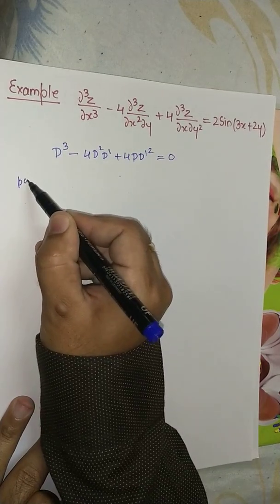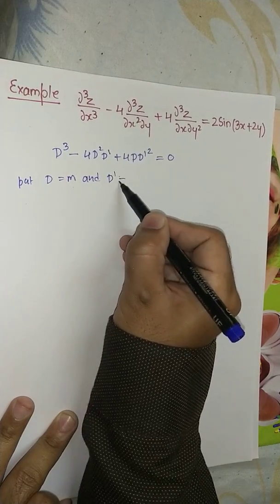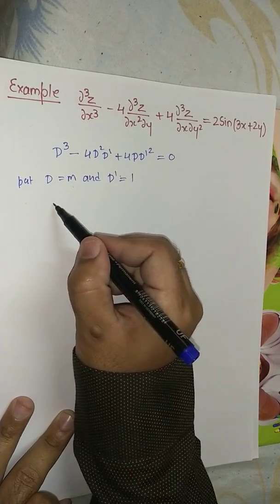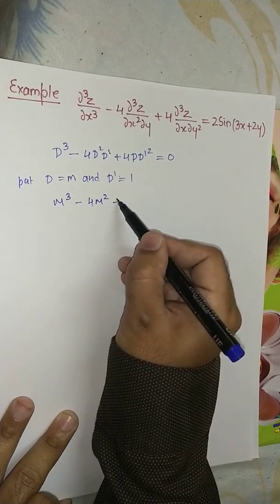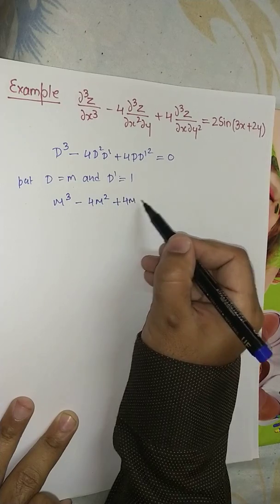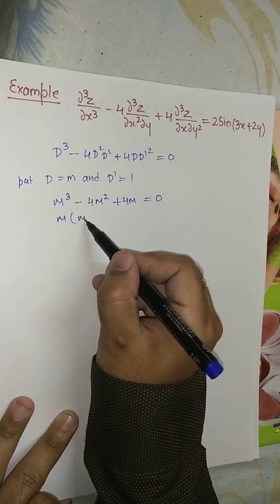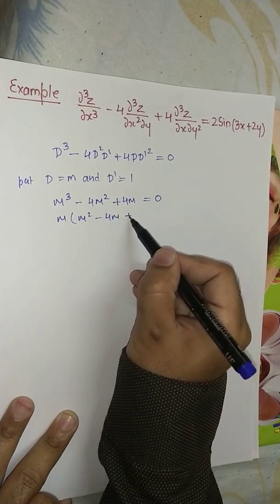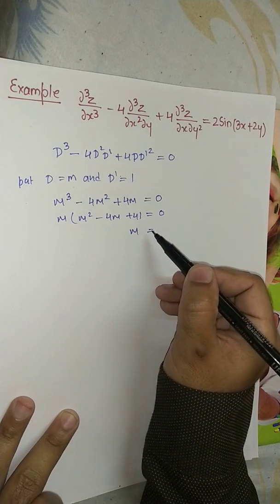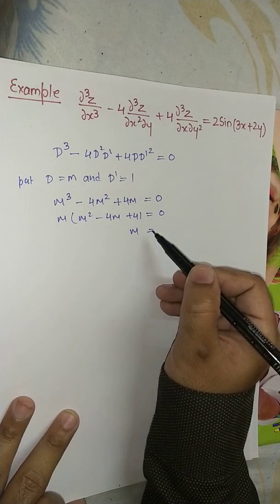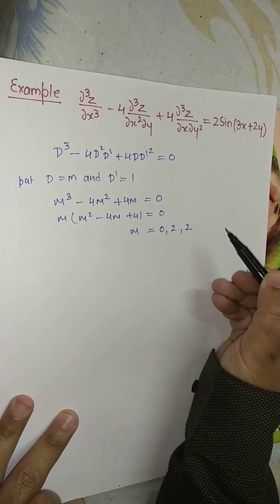Now we'll put D as m and D dash as 1. So this will become m cube minus 4m square plus 4m is equal to 0. Now on solving this, we can see that the roots of the given equation are 0, 2 and 2.